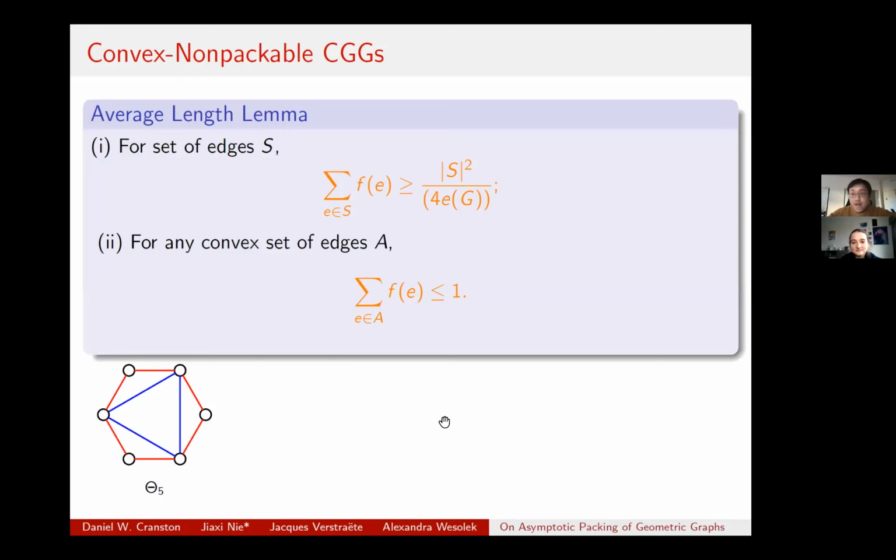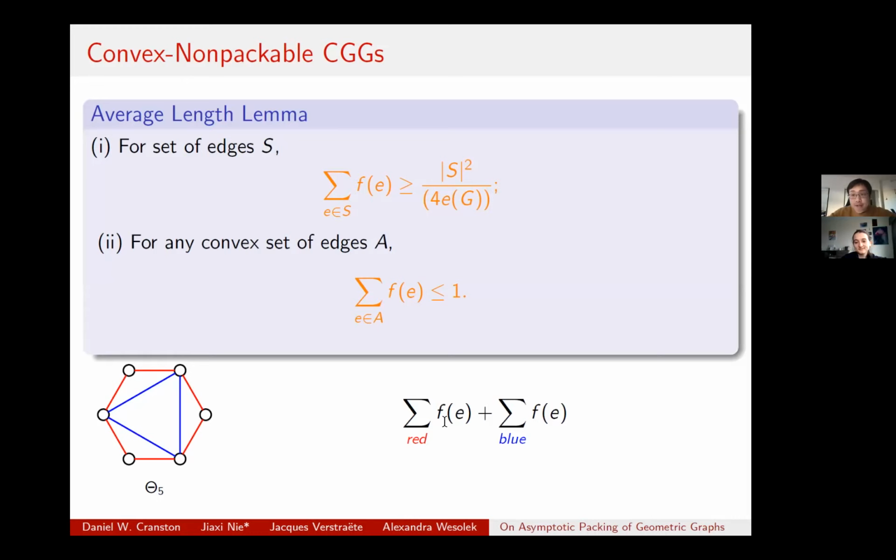To prove that theta 5 is not convex packable, we partition the edges of theta 5 into 2 sets, the set of red edges and the set of blue edges. And we consider this sum: the first sum goes over the red edges, and the second sum goes over the blue edges.